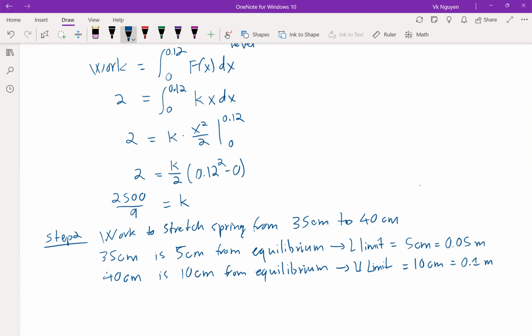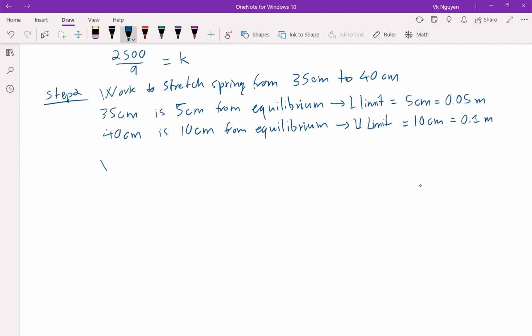And so the work is the integral from 0.05 to 0.1 of force times distance. Well, we know k is 2500 over 9, so 2500 over 9 times x, that is the force, times the distance dx.